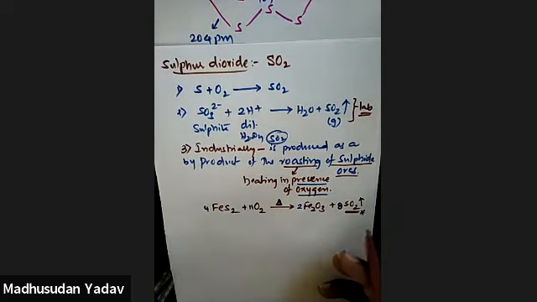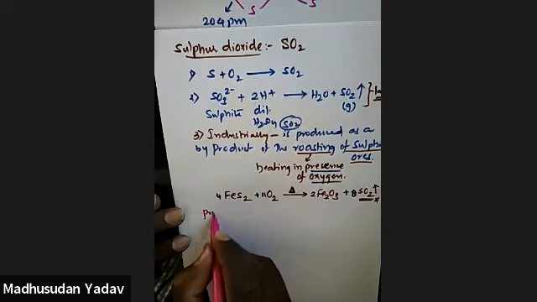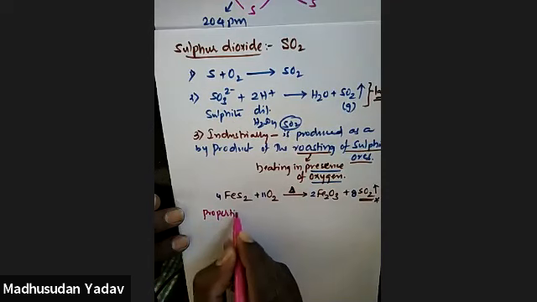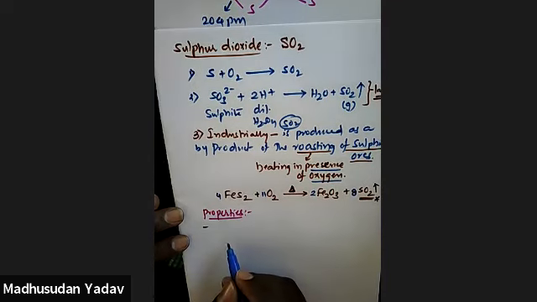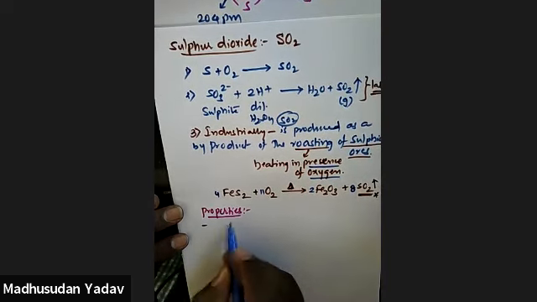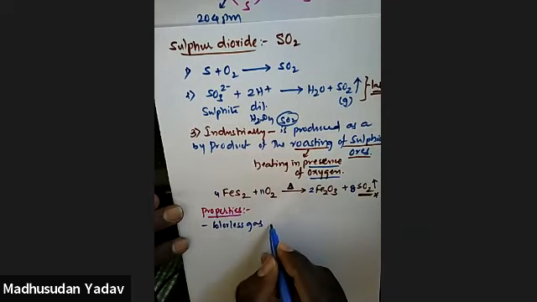Next, its properties we'll discuss. Properties of sulfur dioxide. So what is the property? First of all, it is a colorless gas with a pungent smell.